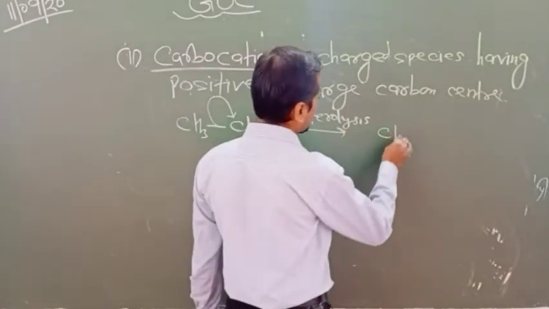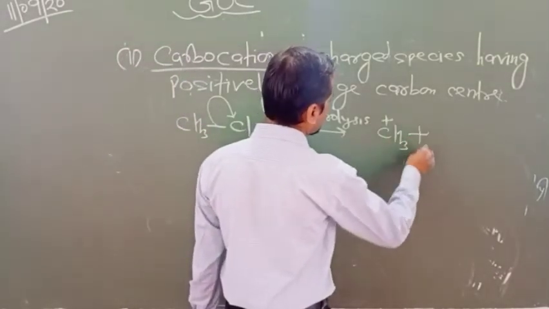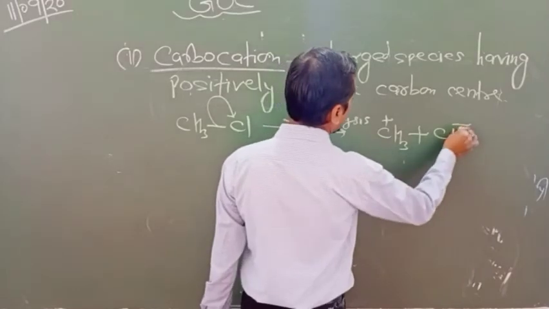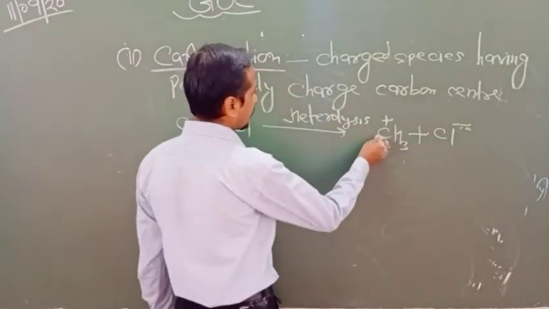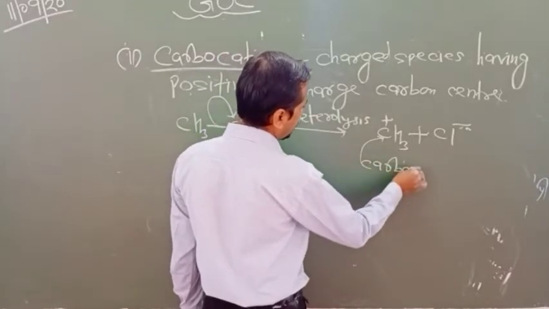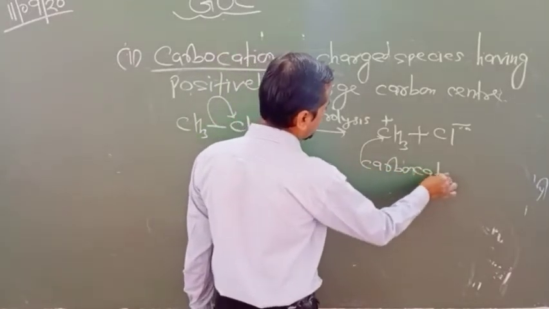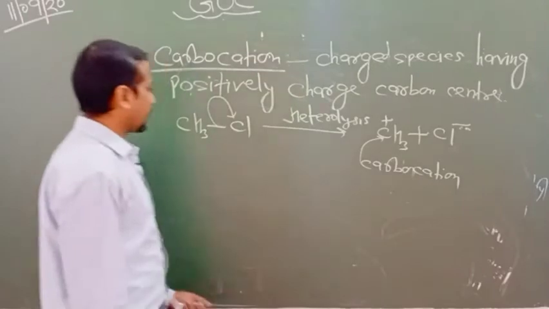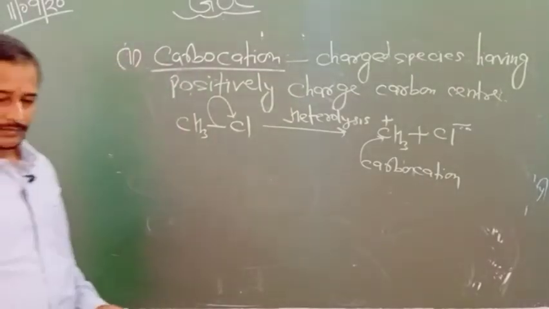So here, the carbon contains plus charge and Cl gets negative charge. This carbon containing positive charge is known as carbocation. In this way, the formation of carbocation takes place.